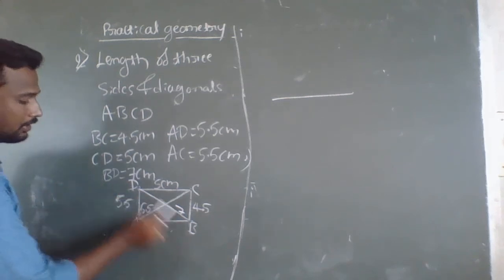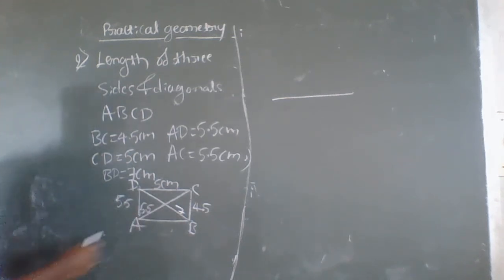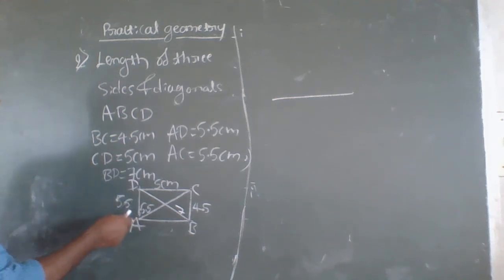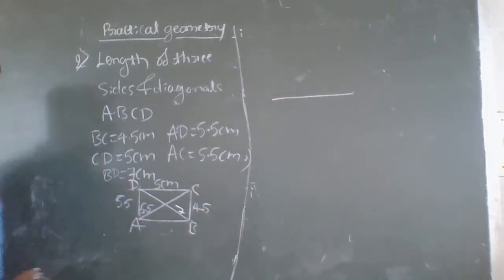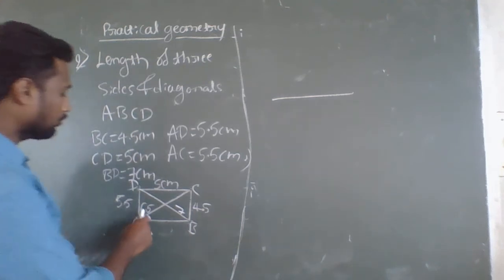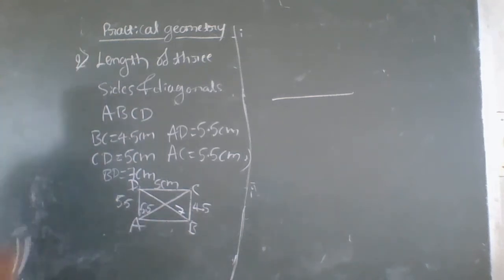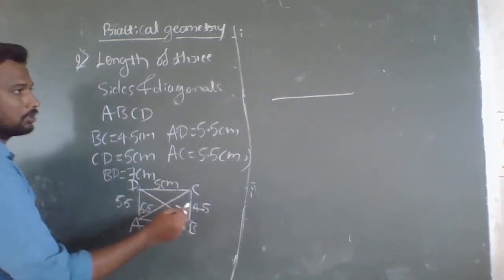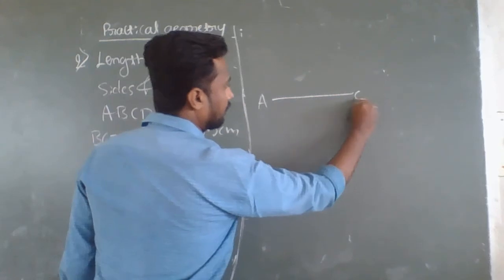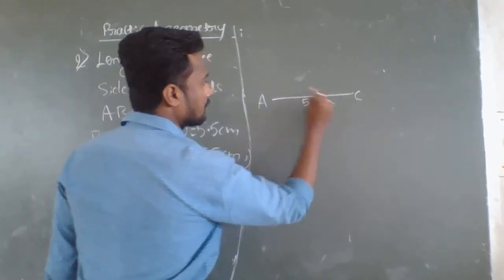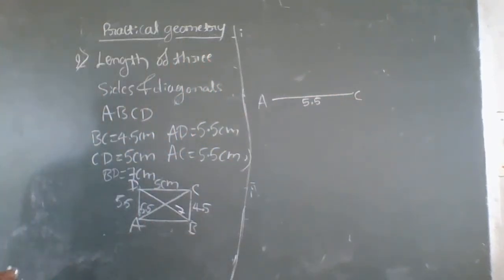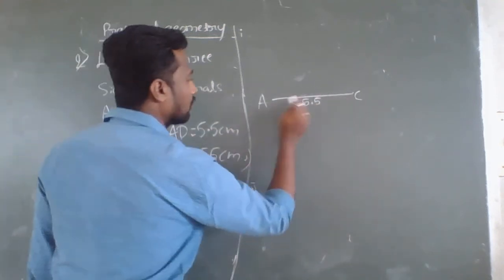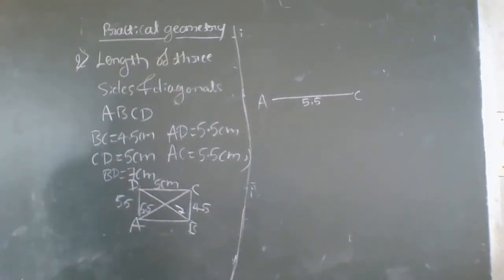Here BD is 7 centimeter and AC is 5.5 centimeter, and 5.5 is less than 7, so I will consider base as AC. So this is the line AC, which is of 5.5 centimeters.